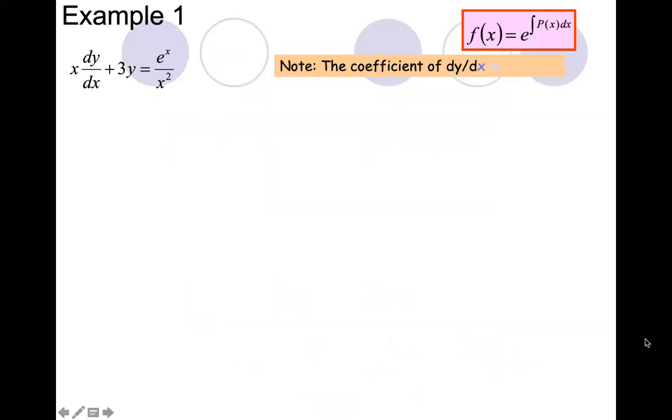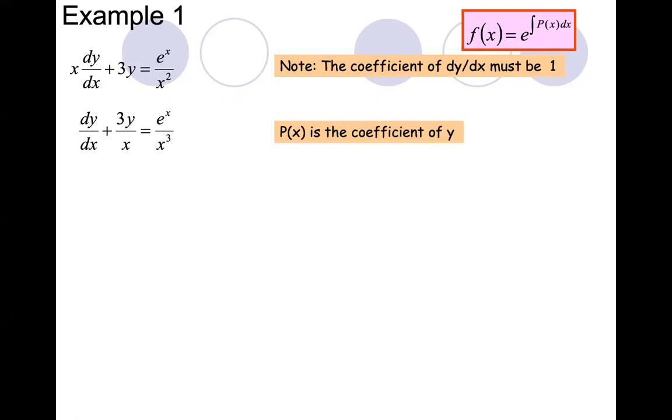So example, we want to solve x dy dx plus 3y equal e raised to the power x over x squared. So we have to make the coefficient of dy dx to be 1. So we divide by x to get what you have there. And then our integrating factor should be e raised to the power integral of 3 over x, the coefficient of y here.